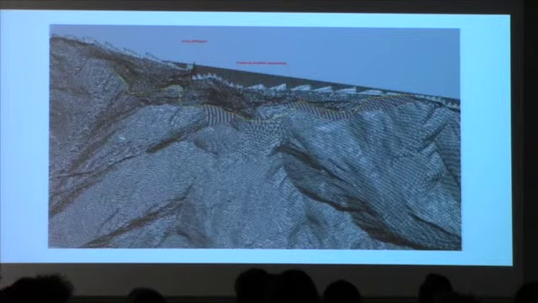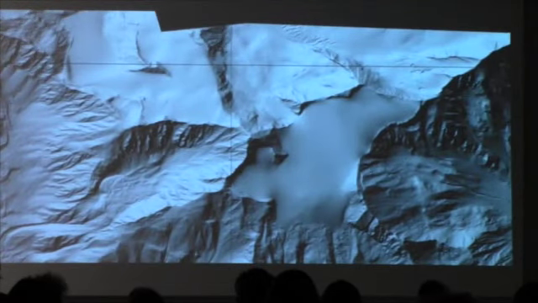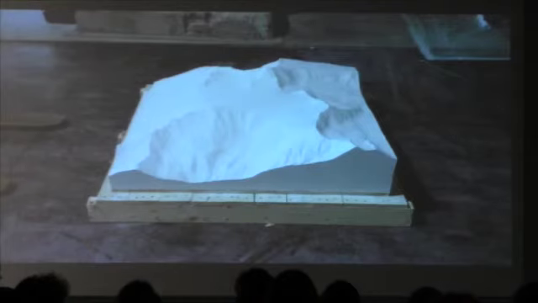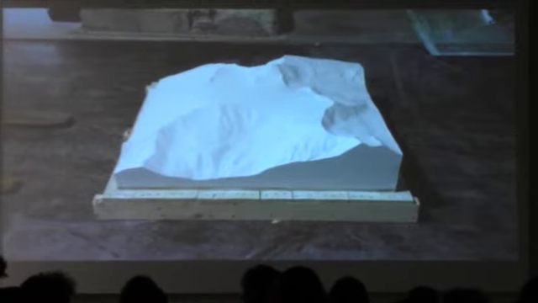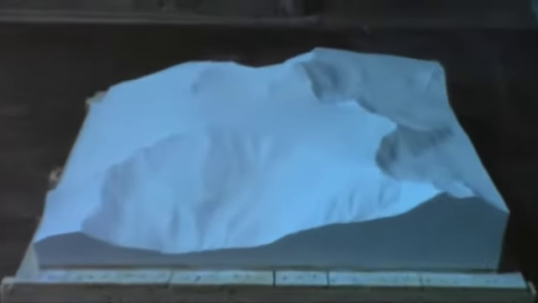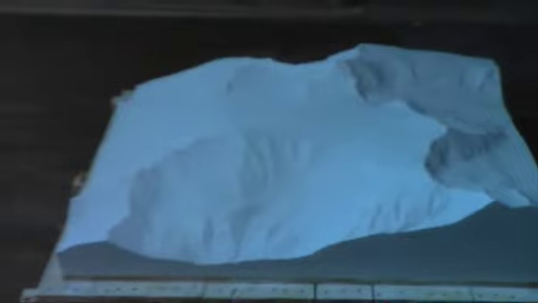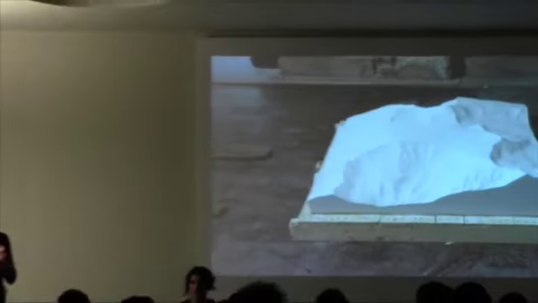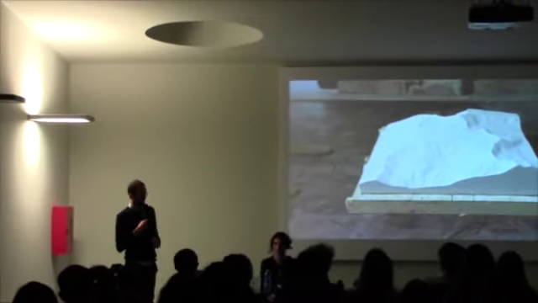It's a 3D scan of the territory, done through a plane that scans all of the territory by flying over it. And we used the same portion of the glacier and created a 3D chalk model on which we wanted to give the 3D feeling of the landscape and the place.